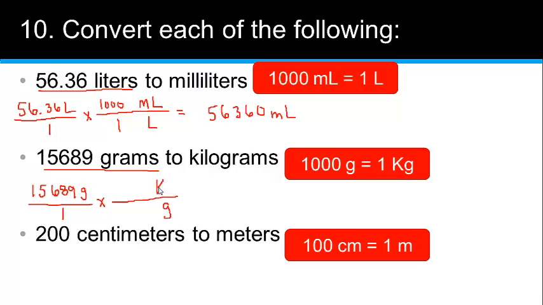And I want kilograms, so that needs to go on top. So my conversion factor says that 1 kilogram is 1,000 grams. So to solve this, I just take my starting number and divide by 1,000. So when I do that, 15,689 becomes 15.689. And my units here are kilograms.